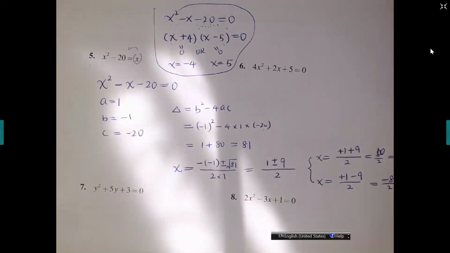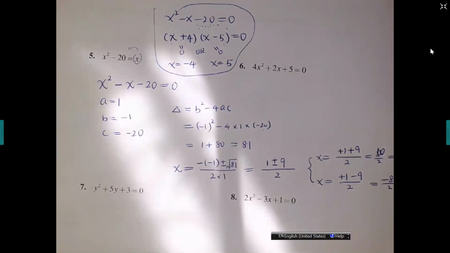The quadratic formula will be the last way that we will try, because all the other methods won't work. That's how powerful this quadratic formula is. It can solve any quadratic equation.